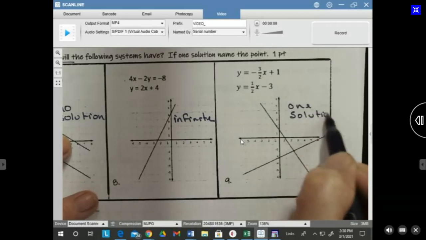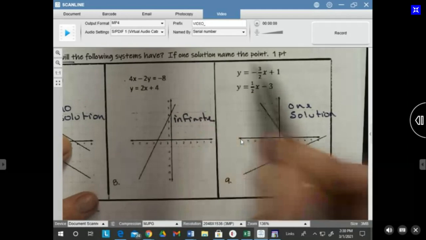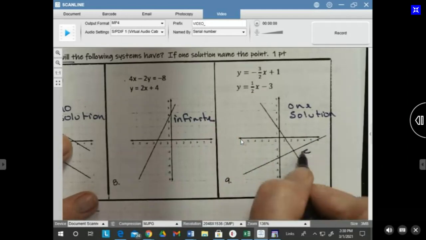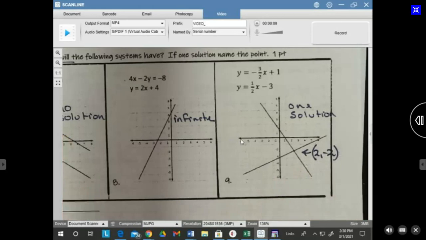All right, now my directions say if one solution, name the point. So what is that solution? It's like a 2.5, in the middle of 2 and 3. We're just going to give it a 2, negative 2.